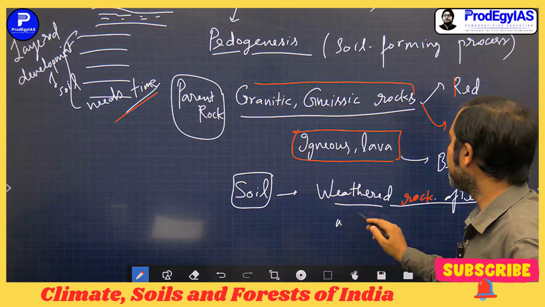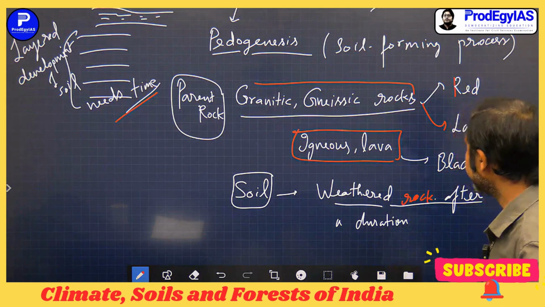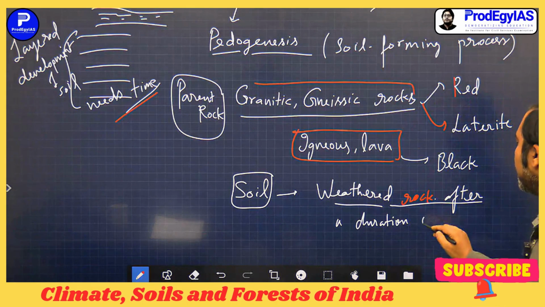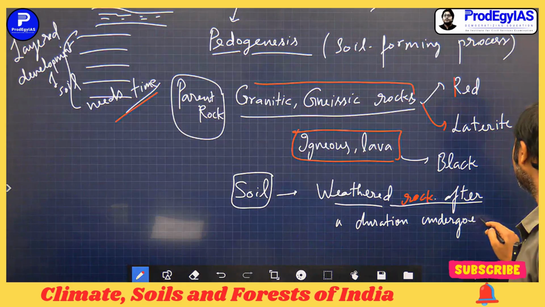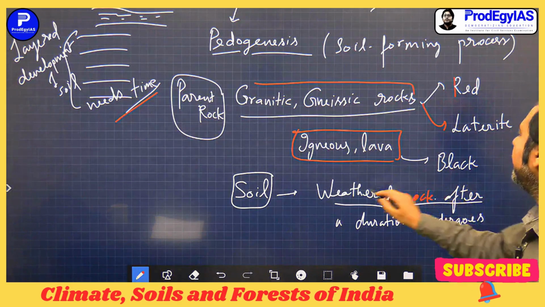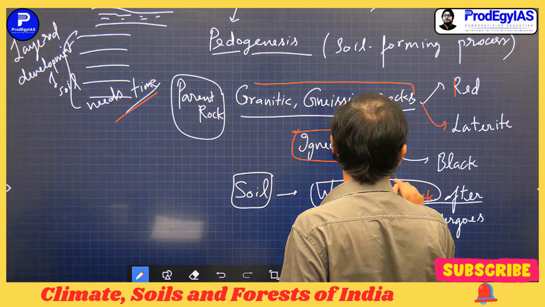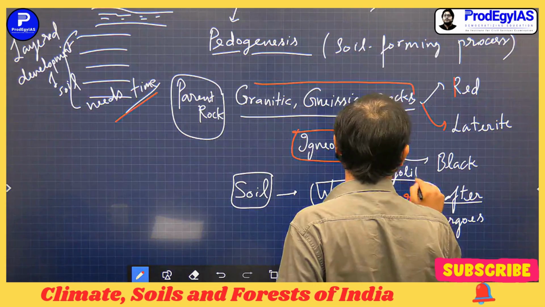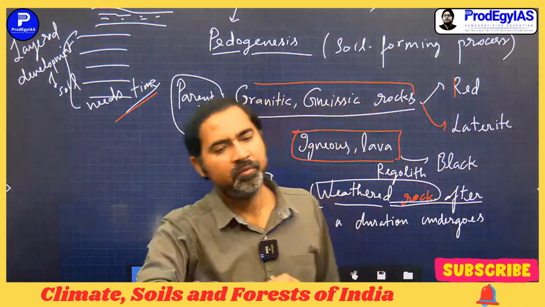This weathered rock material is technically called regolith. So regolith is the parent material out of which soil will be formed.